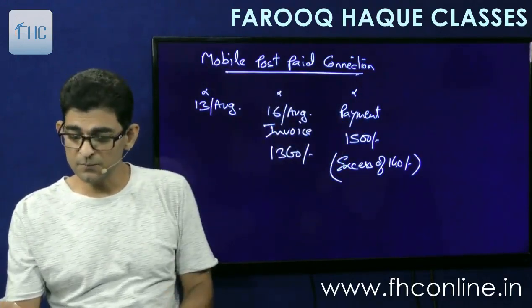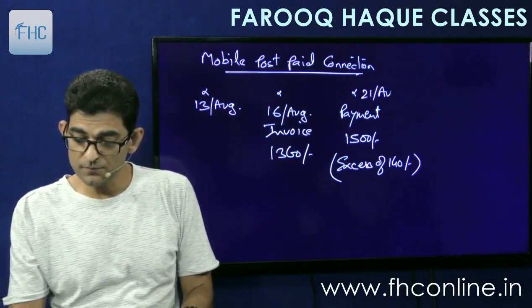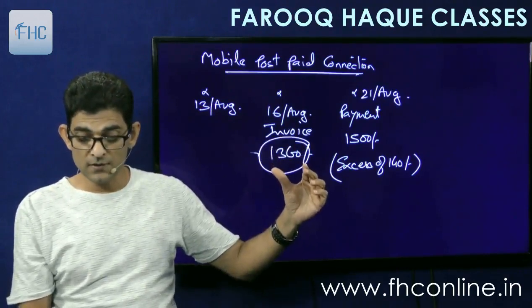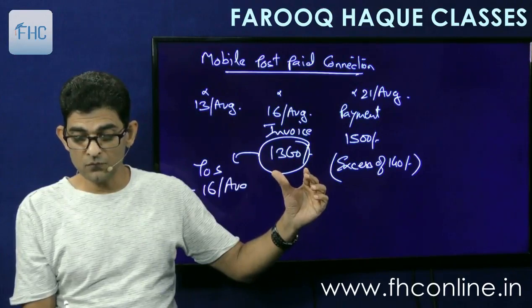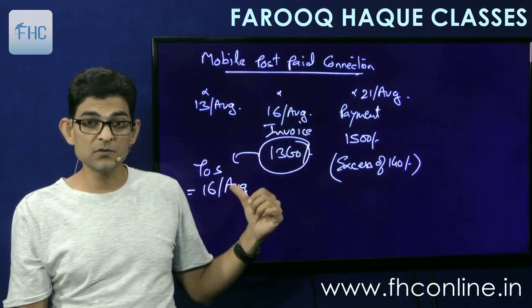Now this payment is made, for example, on 21st of August. So for this 1360, the time of supply will be 16th of August. 16th August or 21st August, whichever is earlier, 16th August.